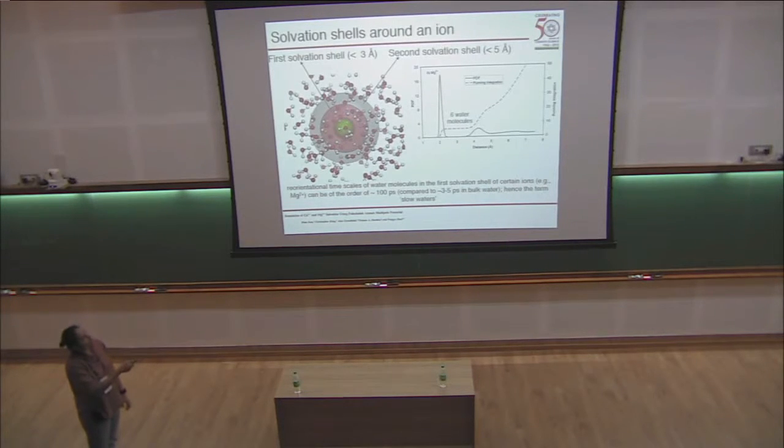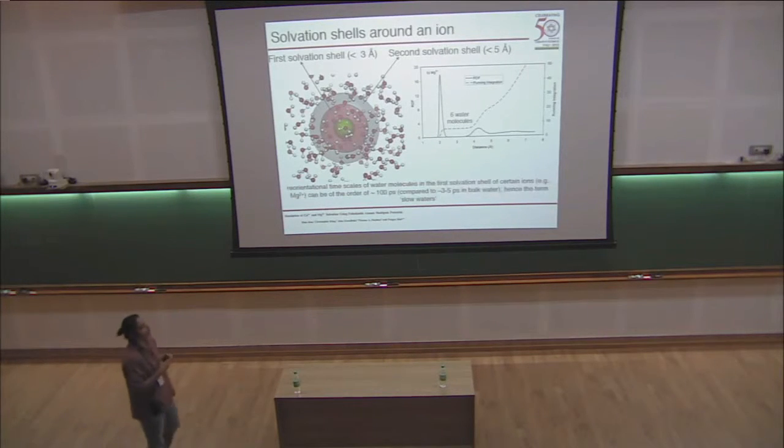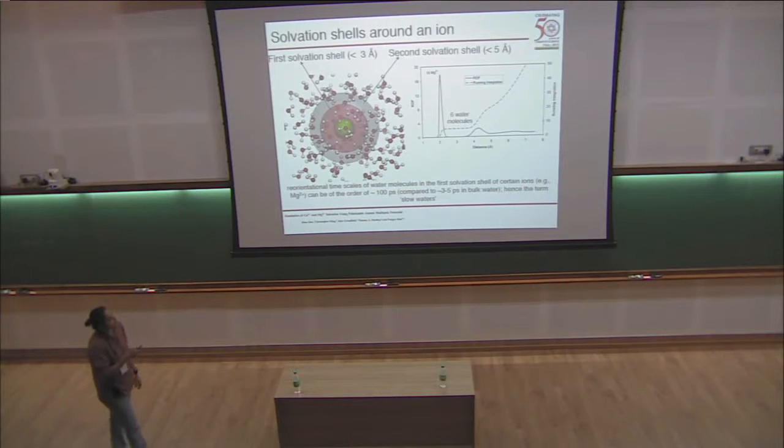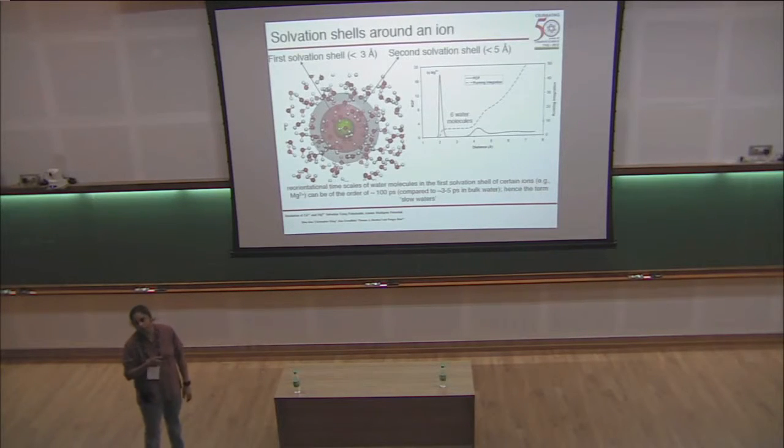There's also the question of how many water molecules are in a particular solvation shell. That depends on the ion. For example, magnesium is a divalent, +2, highly charged and polarized ion, and you have about 6 water molecules. Of course, this number changes from ion to ion.